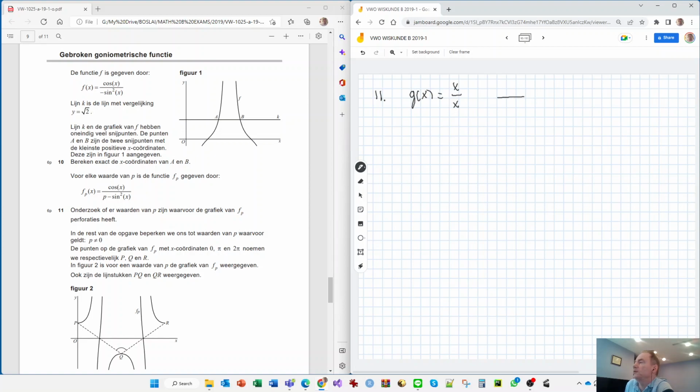So this will be just a line, well, mostly y equal to 1, but it's not defined at x equal to 0, but again the limit is finite.